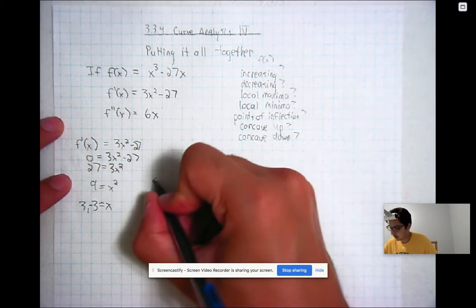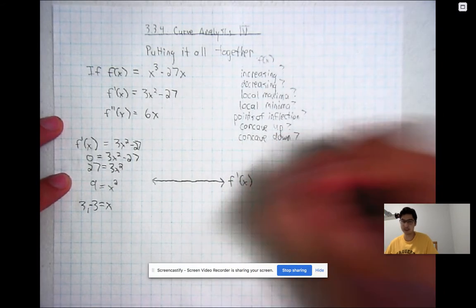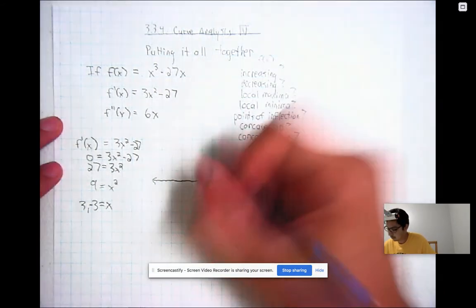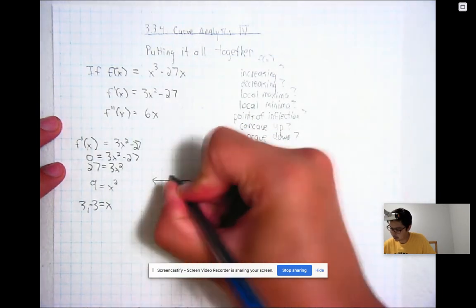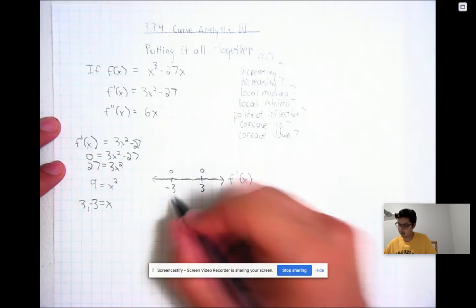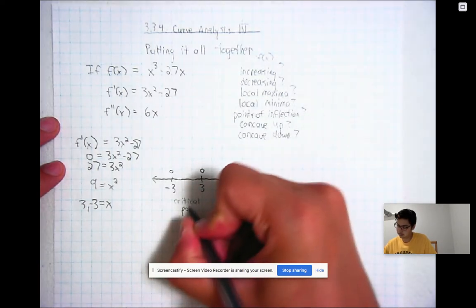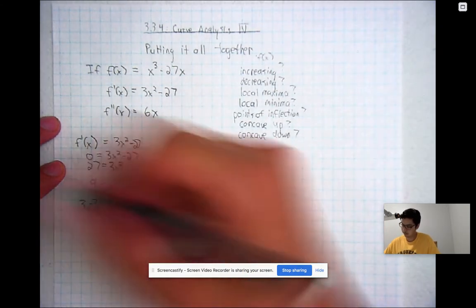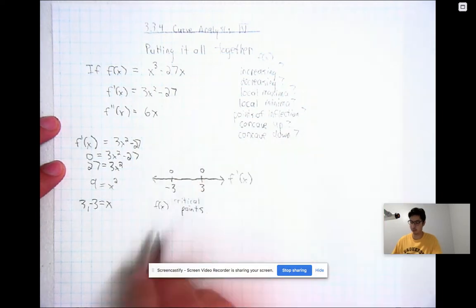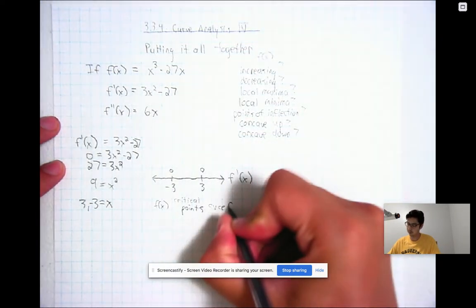I always like to make number lines to help make sense of this. So for f prime of x, we have 3 and negative 3 as its zeros. Remember that these are its critical points of f of x, since f prime of x equals 0.